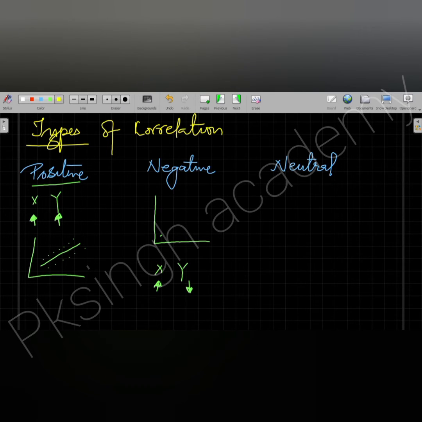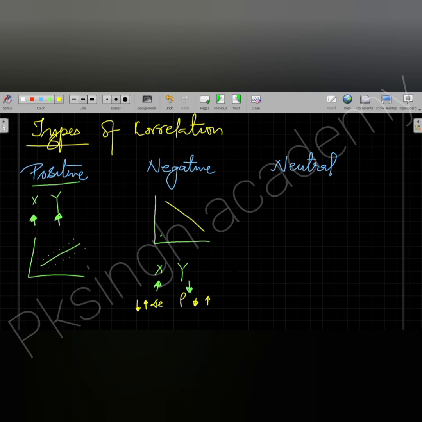The graph will have a downward slope. What will be an example of negative? See, demand and price. When the price is low, the demand of a product increases; when the price is high, the demand will decrease. So this is an example of negative correlation.